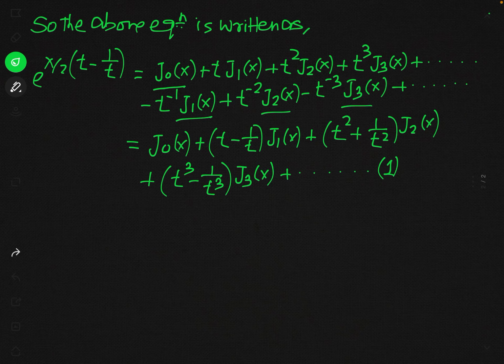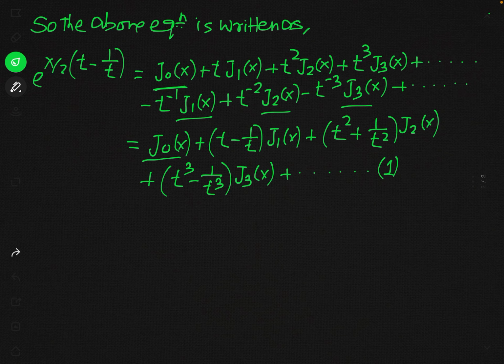Now we will combine all those terms containing the same Jn of x. You can see J0 of x is in fact an independent term. There is no other term containing J0 of x, so J0 of x remains as it is.